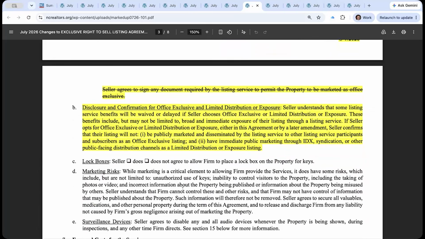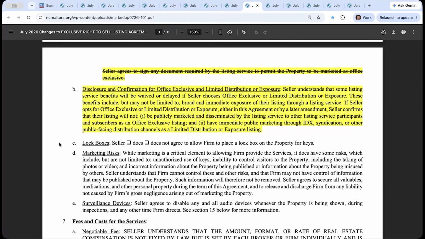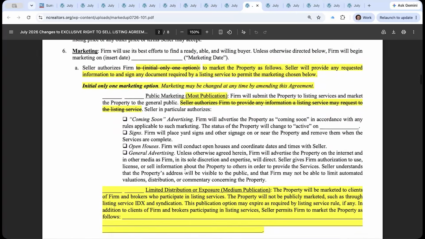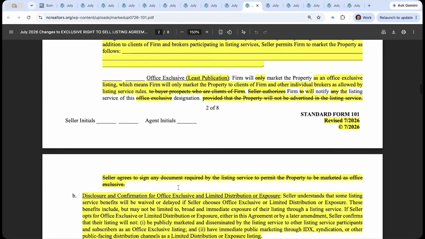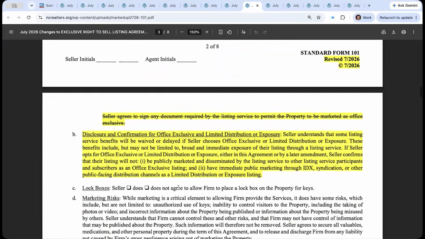However, one thing that was part of that new rule that came out last year was these disclosures that are required to be right here, and those have been added so that you can look at those disclaimers. Basically, it's informing the seller, hey, if you're using the limited distribution or exposure or office exclusive, you are not getting the widest publication.